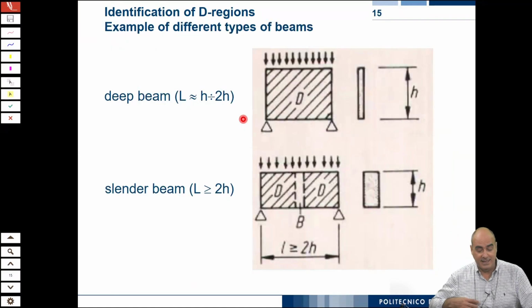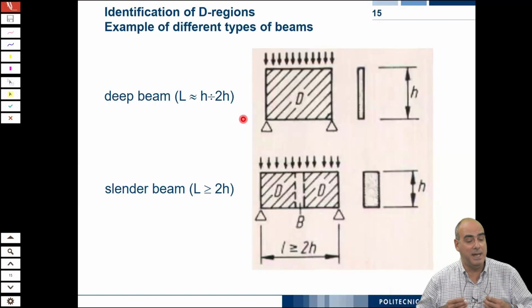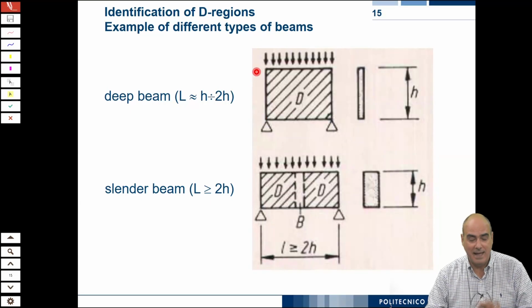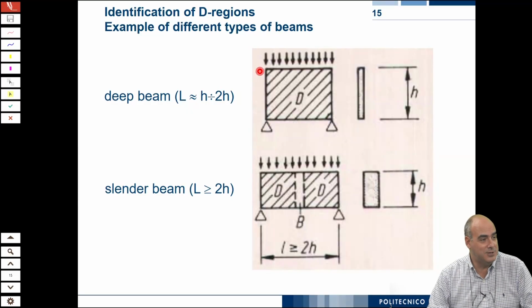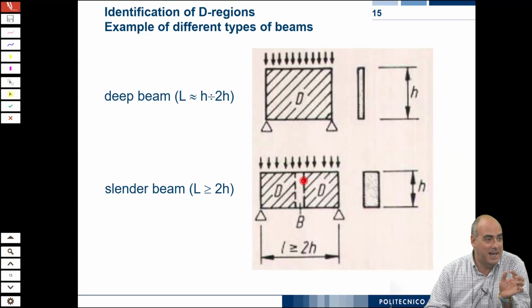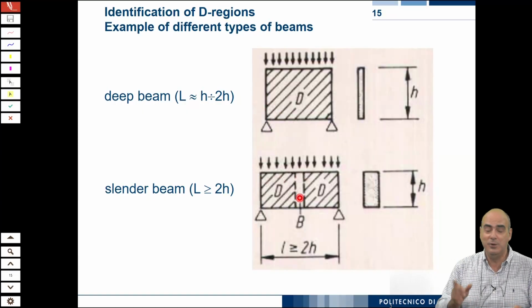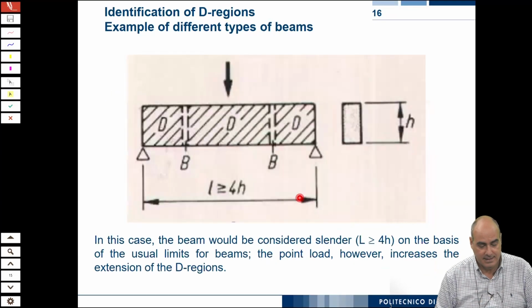Here in this case, you see, it's a deep beam. A deep beam, if the span is between the depth and twice the depth, the whole beam is a deep beam, a D region. And when you start going more than 2, you start having a narrower B zone. But in some cases, there is no need to design that, just design as a deep beam.